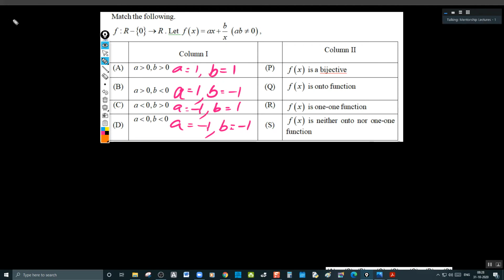Let me write that. f maps from R minus 0, that is, 0 is not there in the domain, to the set of real numbers.